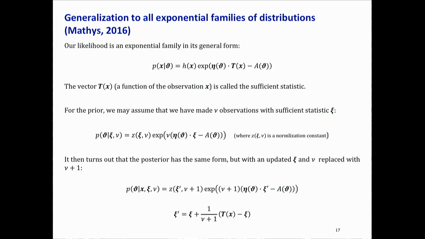So psi appears here and here in the prior. This is replaced by psi prime here and here. And nu appears here and here, and this is replaced by nu plus 1 and nu plus 1 here. But this is the same structure, and this is the update equation for the psi, and it is a precision weighted prediction error.